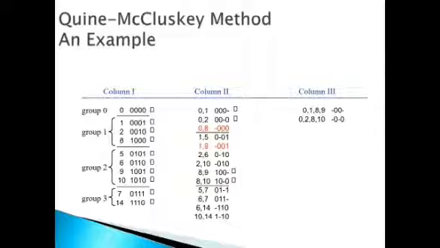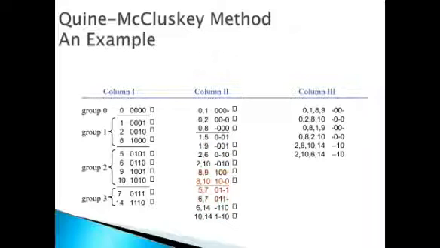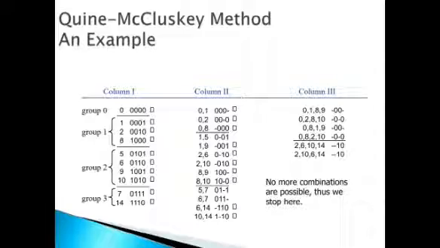Similarly, we will compare the third element of group 1 with each and every element of group 2, and we will find the single-bit-change combinations for column number 3. Similarly, we will compare each element of group 2 with group 3 of column 2. Now we will have this kind of combination available in column number 3.